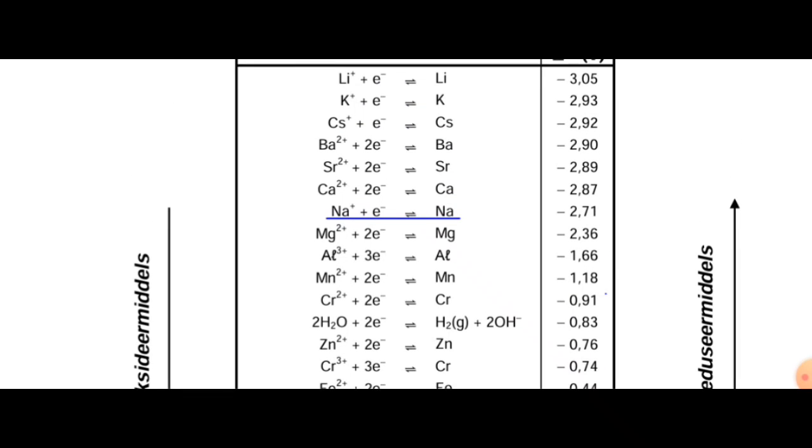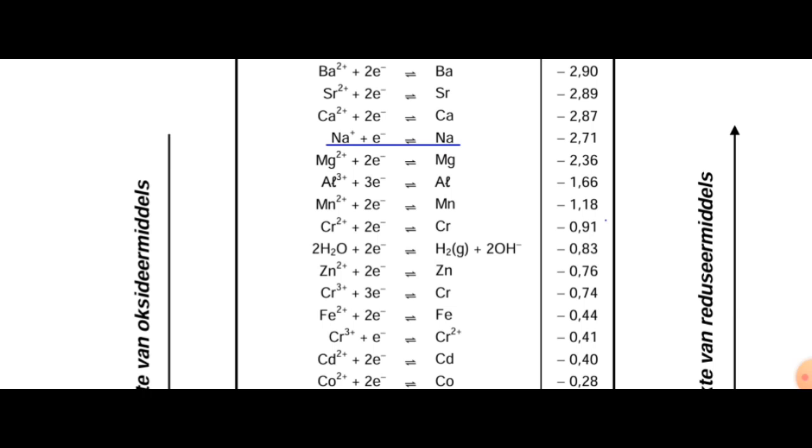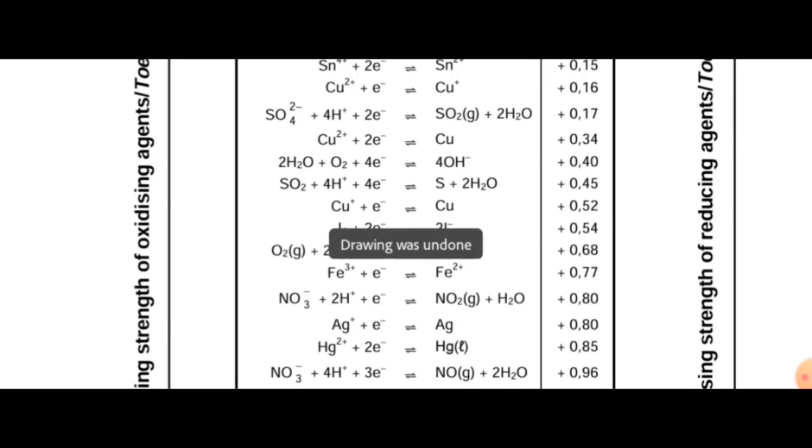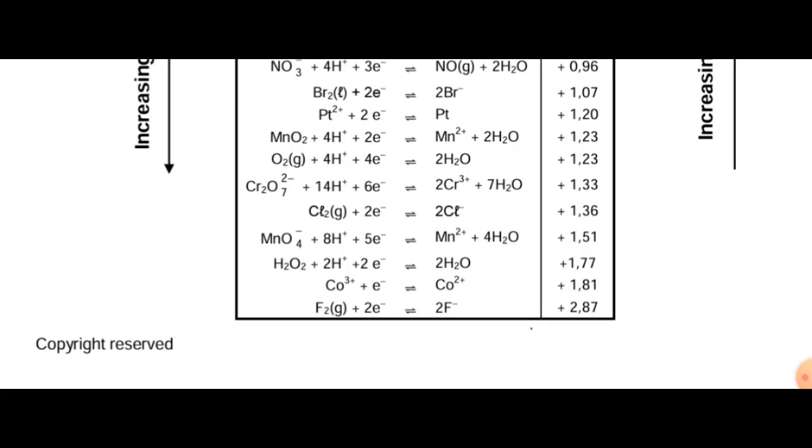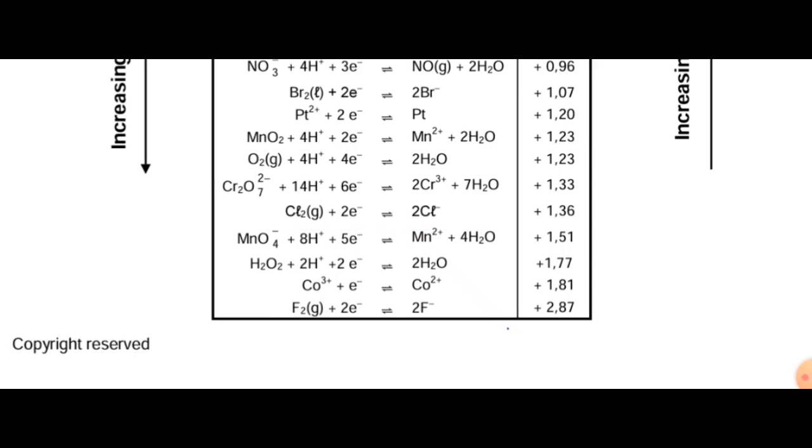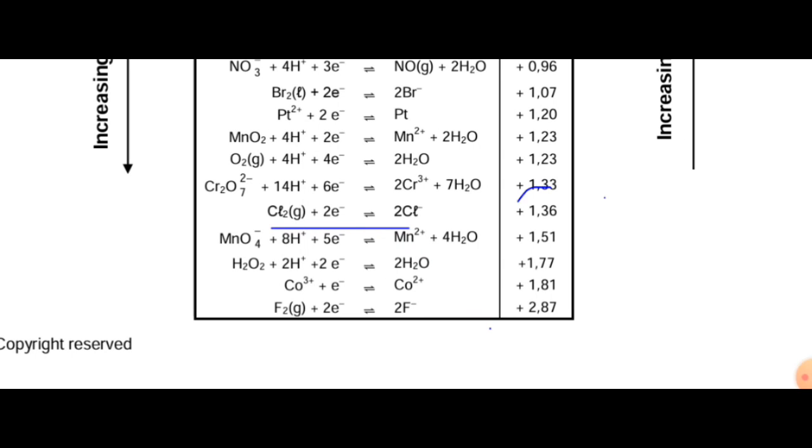So we found the electrode potential of sodium. Now we're looking for chlorine. Here is chlorine with an electrode potential of 1.36. So here is the thing. This method is going to be very important for the galvanic cell. With the electrolytic cell, it's not a must to use this method.